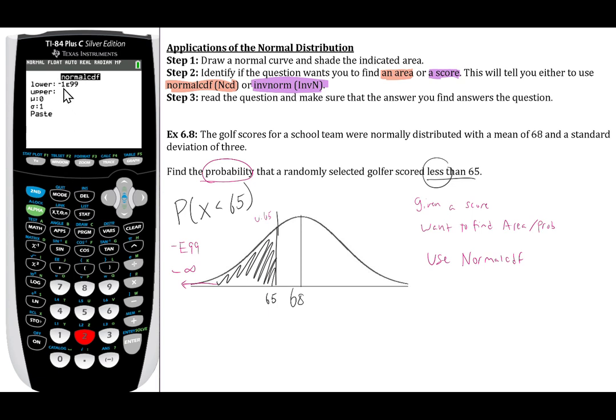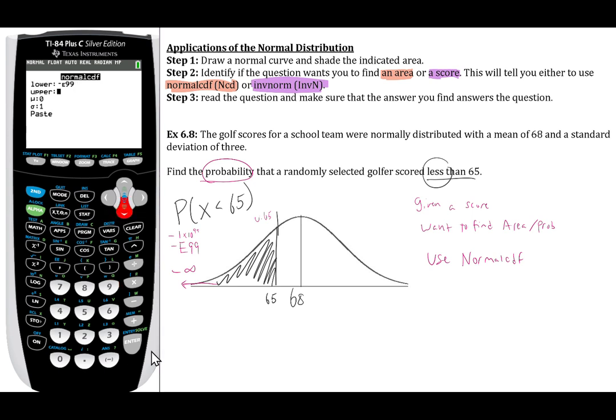If we needed to type in E99, we could type in negative, using the negative button in the bottom row, hit 2nd comma, and then type in 99. That'll give us negative E99. This is the scientific notation for negative 1 times 10 to the 99th power, or negative 1 with 99 zeros, some gigantically large negative number.